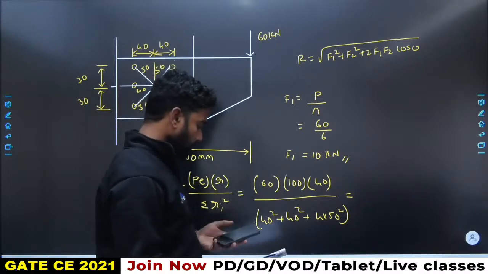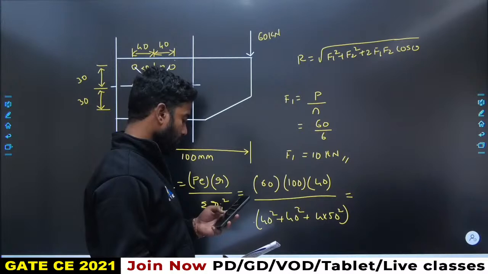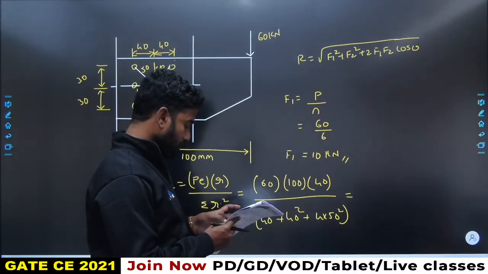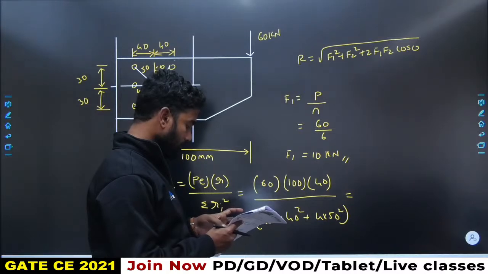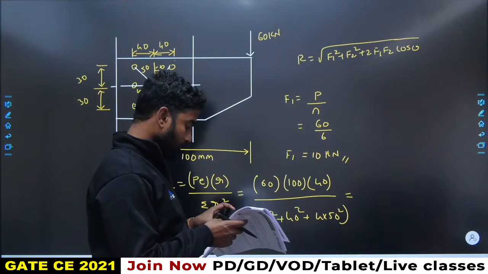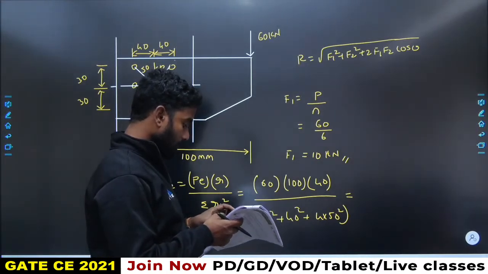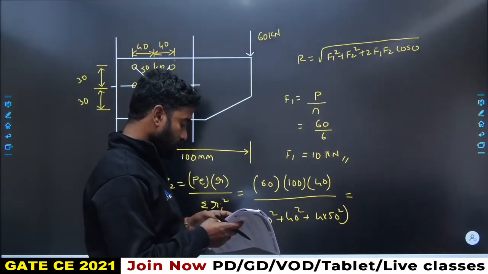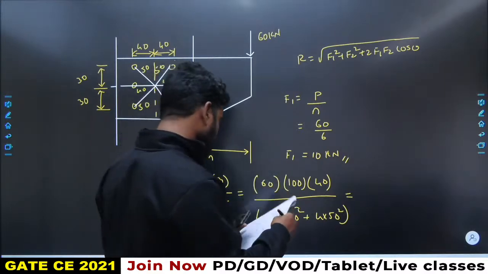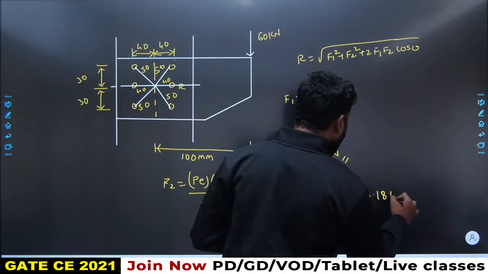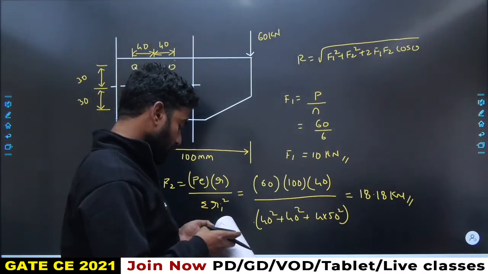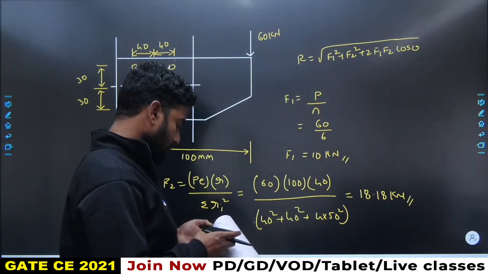So the answer would be 60 multiplied with 100 multiplied with 40 divided by 2 times 40 square plus 4 times 50 square, that is 2 times 40 multiplied with 40 plus 4 times 50 multiplied with 50.